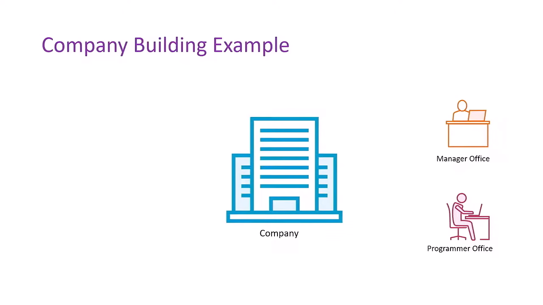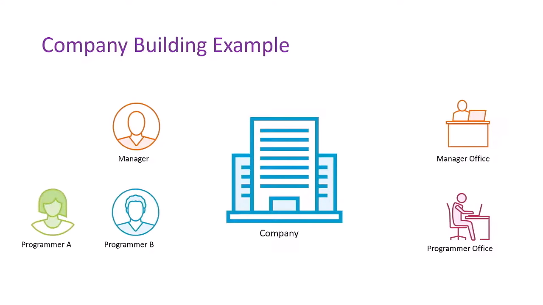Some users or employees are managers, some others are programmers, etc. And these users or employees can enter the building. So they all have access to the building. So they are all authenticated to enter the building because the building system is aware of their credentials.